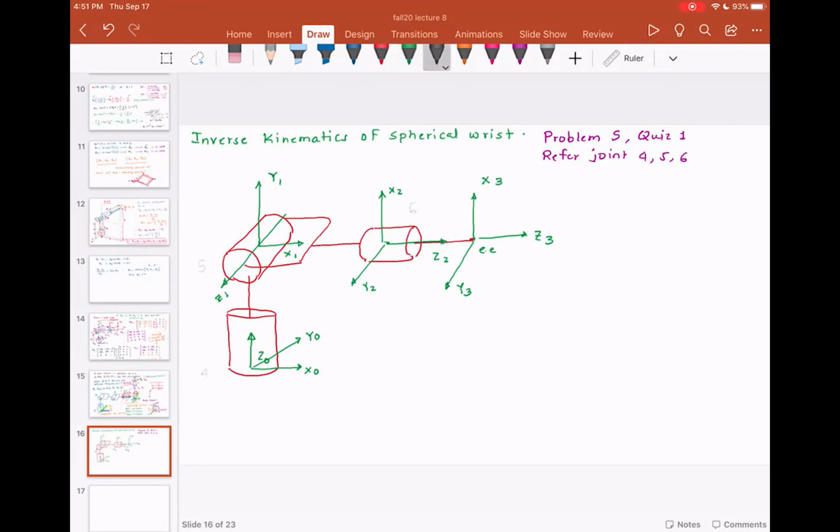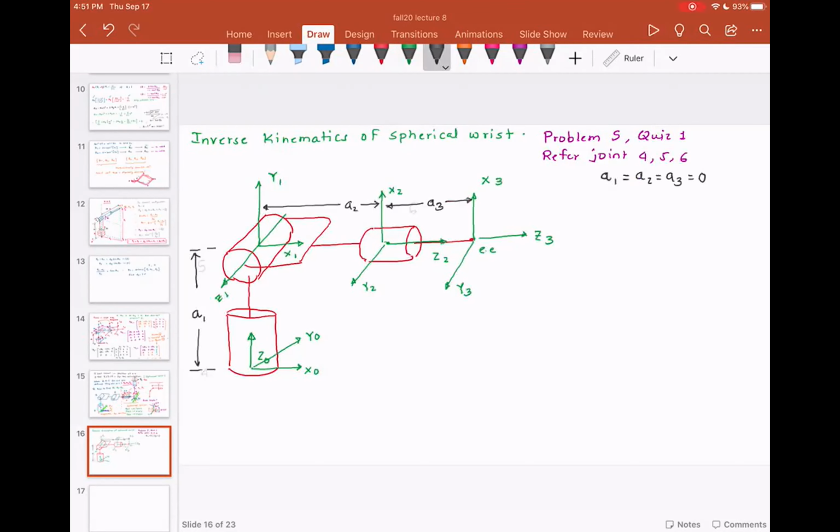And one thing I want you to understand is that even though I have drawn some physical distance between these joints, so you may say this is A1, this is A2, and this may be A3, since we are trying to solve the spherical wrist, the assumption is A1 equals A2 equals A3 equals 0.